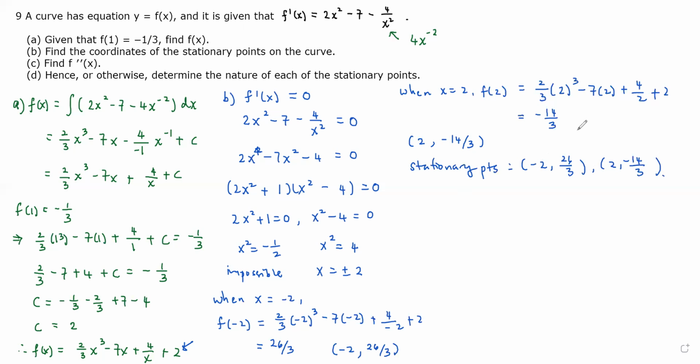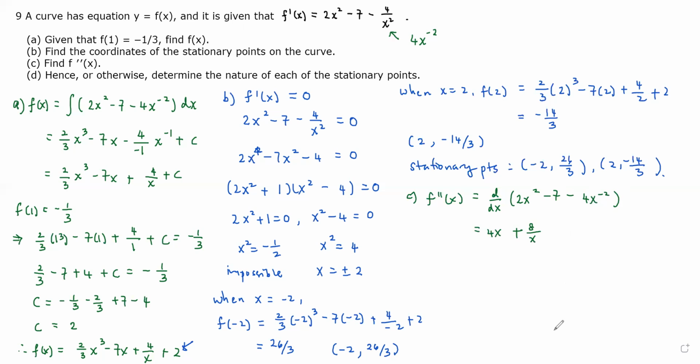Part C. Find the second order derivative of f. So we need to differentiate f prime x. So to differentiate, we have to differentiate 2x squared minus 7 minus 4x to the negative 2, and that is 4x plus 8, 4 times 2, that would be 8 over x.